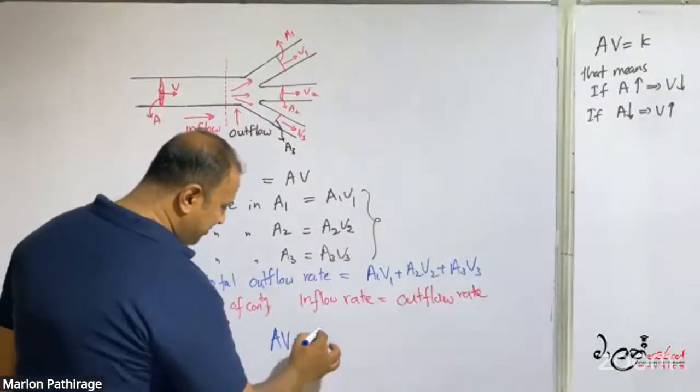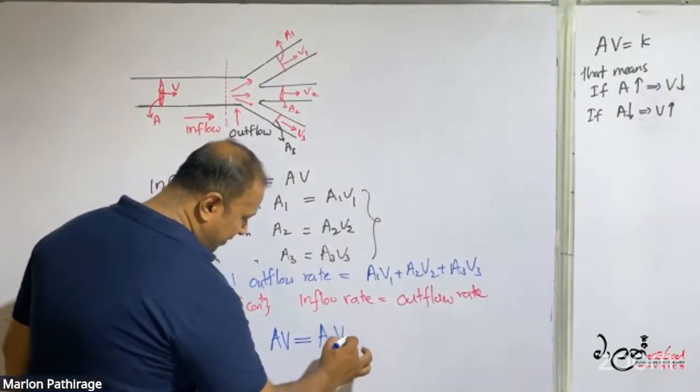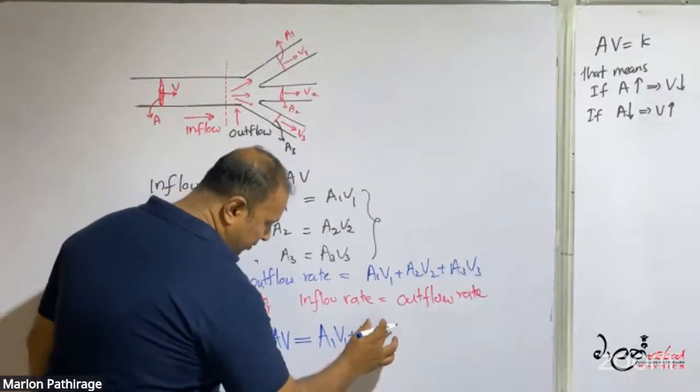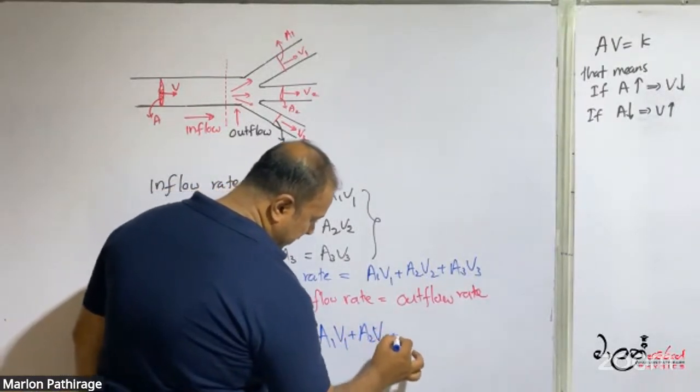Therefore, those should be equal: AV equals A1 V1 plus A2 V2 plus A3 V3.